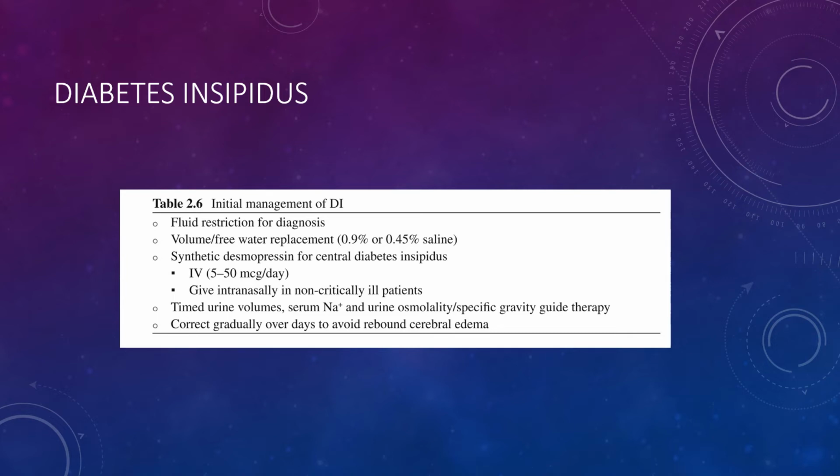Nephrogenic DI can be treated with hydrochlorothiazide or amiloride. Again, you don't want to rapidly overcorrect if it's chronic hypernatremia, which can cause a rebound cerebral edema and again worsen outcomes.